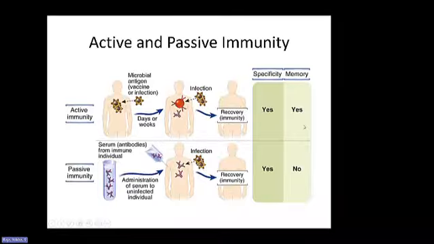The difference between these two types of immunity is that the memory is produced from active immunity because of production of memory T cells. However, in terms of passive immunity, there is no production of memory. Both of them are specific to the same infection, but the memory is only produced by active immunity.